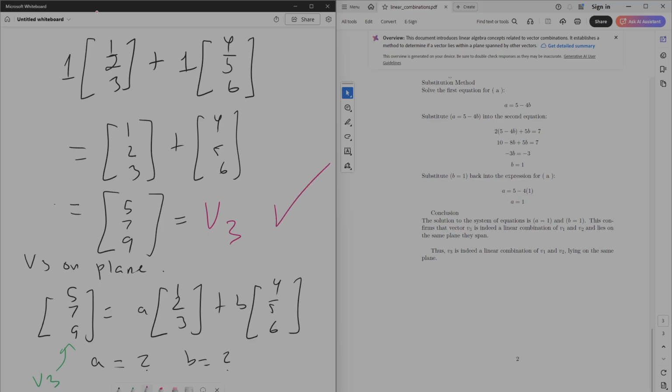So indeed we checked that vector b3 is in the span, a linear combination of b1 and b2, and lies on the same plane as b1 and b2.